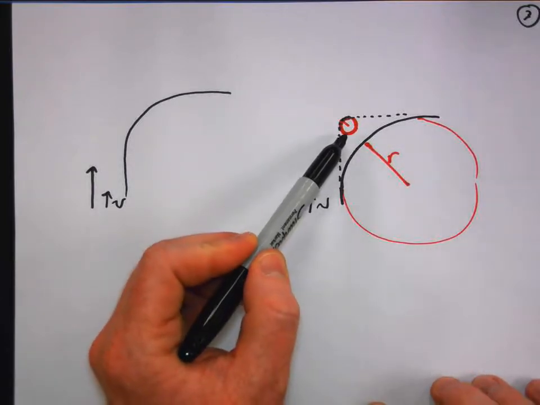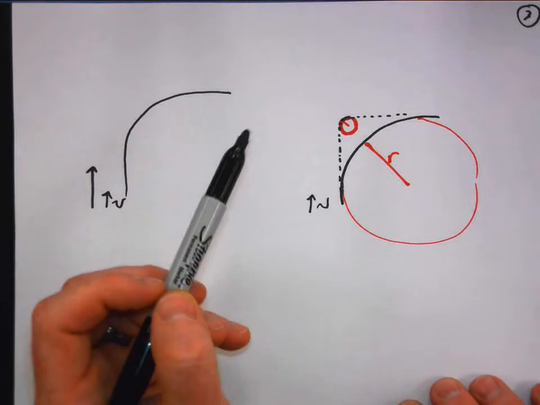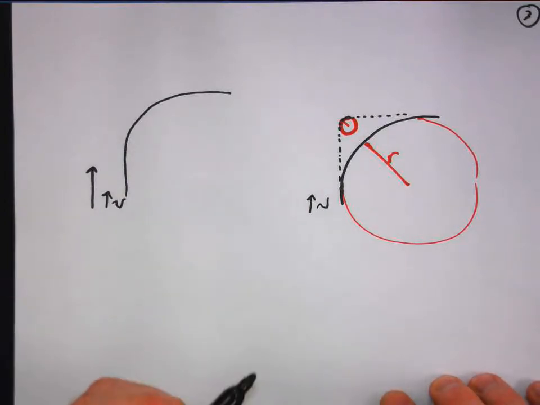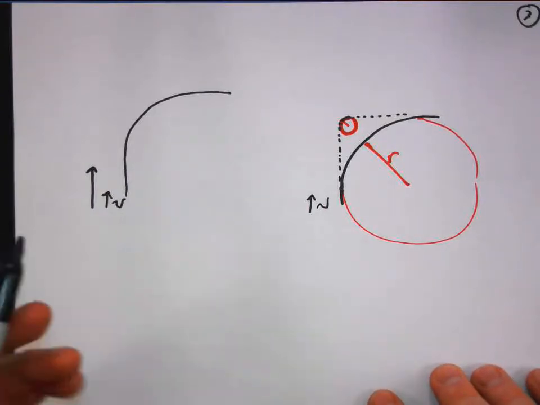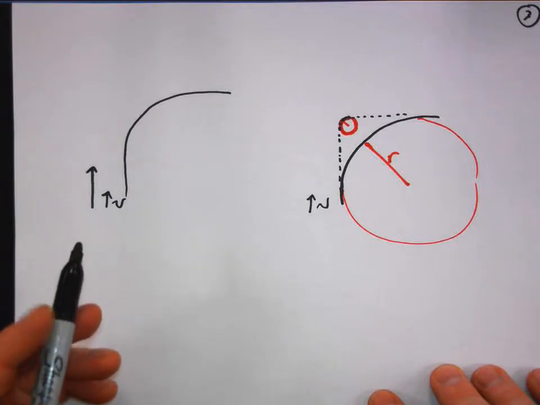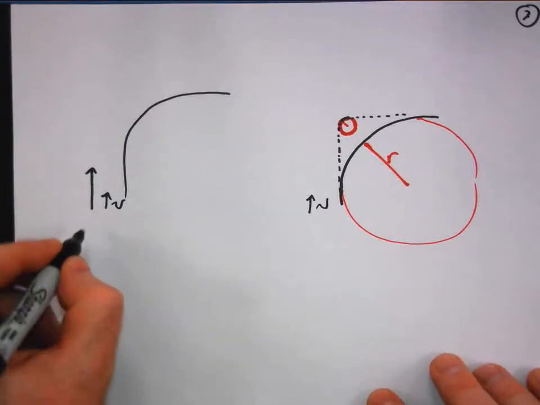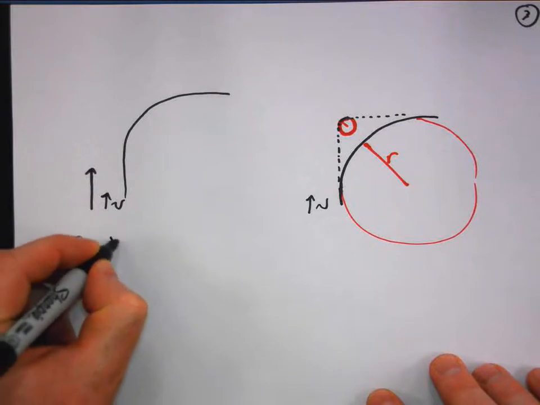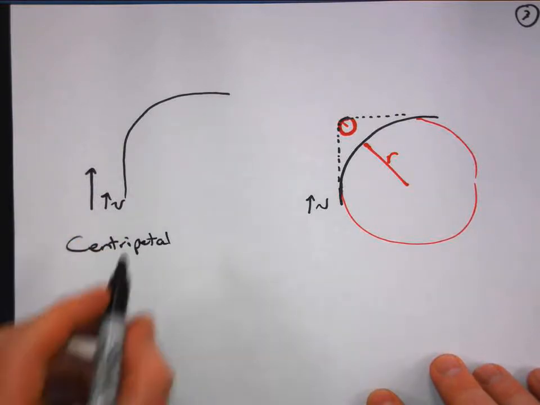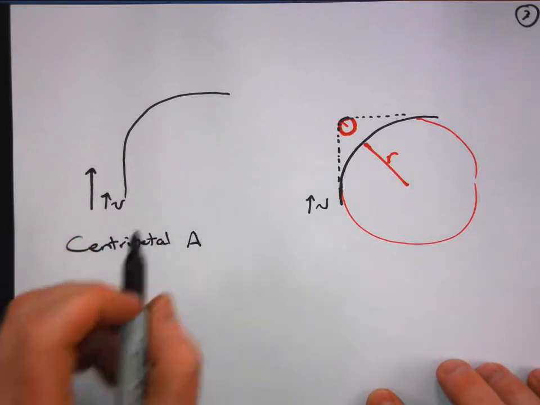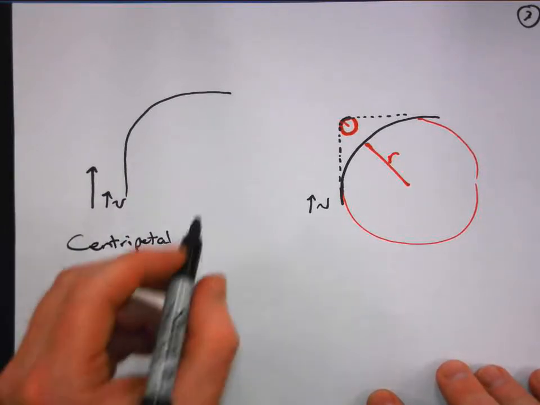A smaller radius in that circle is going to have a more dramatic effect on you. So it seems like this must be related to both speed and size of the circle. And it turns out that it's a very special thing that often is not mentioned in pop culture or movies and whatnot.